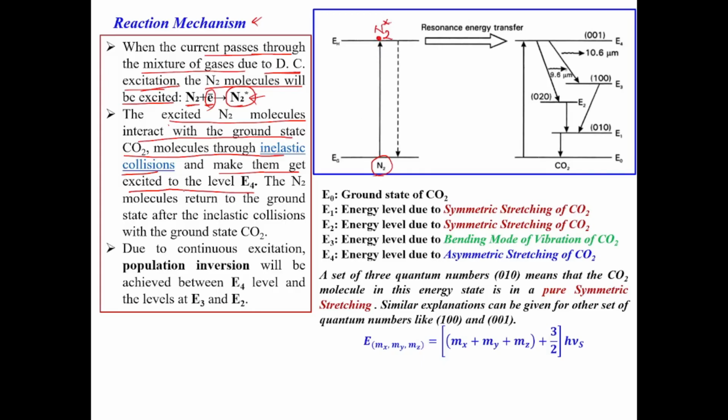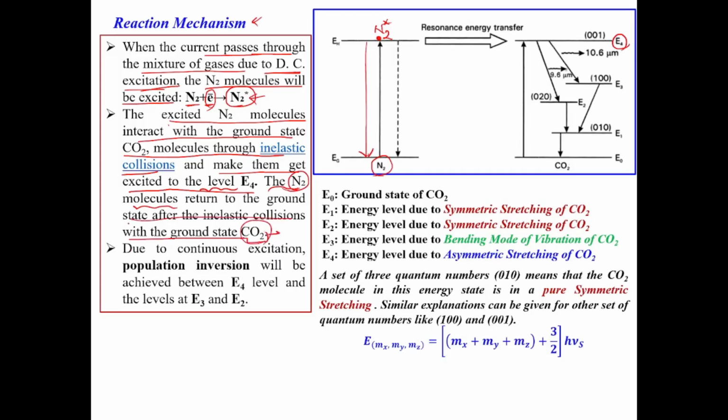Now N2 star will collide inelastically with carbon dioxide molecules which are in the ground state, and those carbon dioxide molecules will be excited to the E4 state. Here it is written: in the inelastic collision, the N2 molecule will be de-excited to its ground state after inelastic collision with the ground state carbon dioxide.